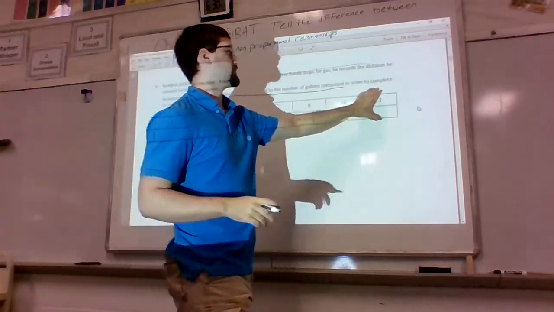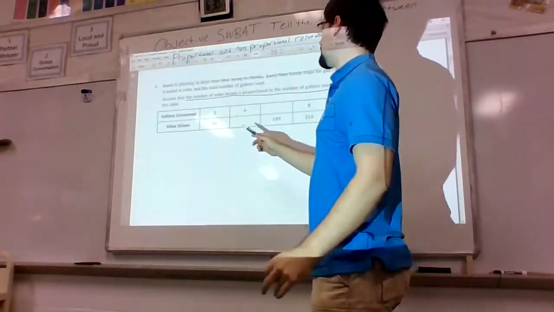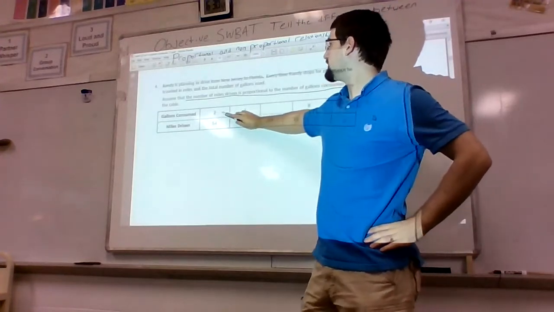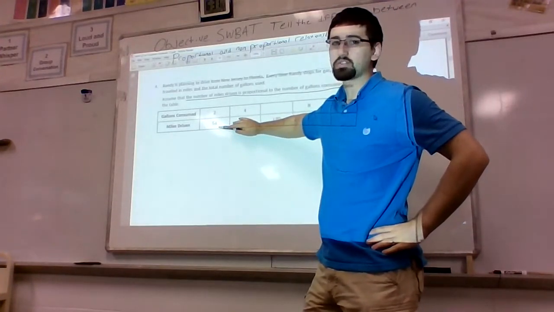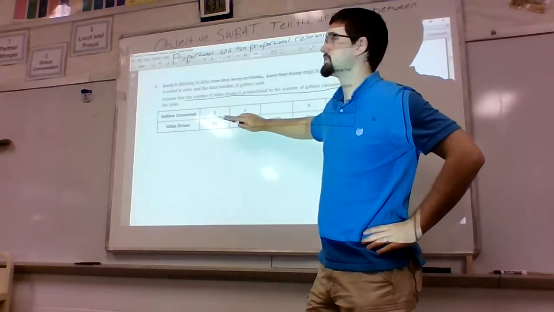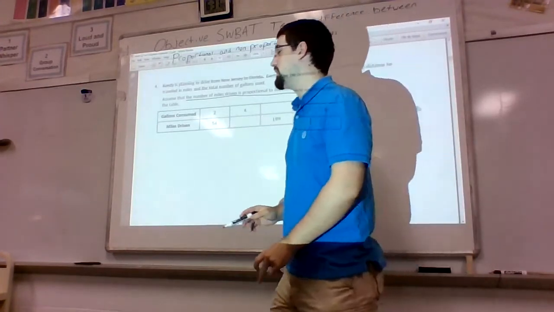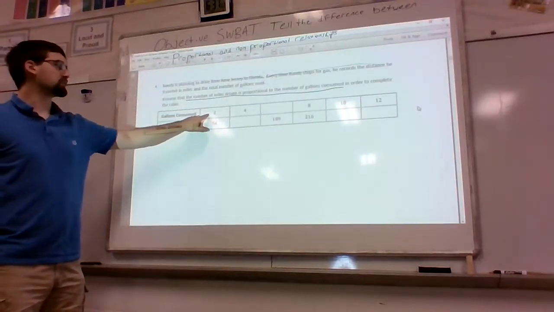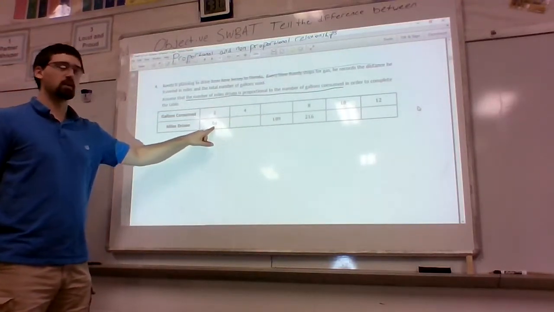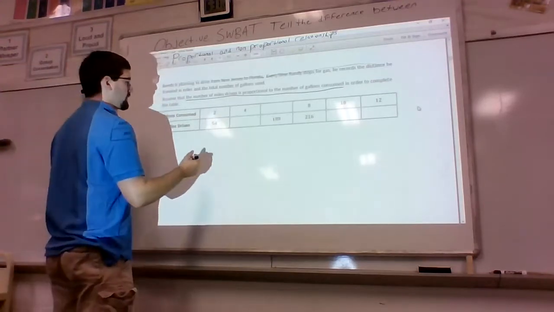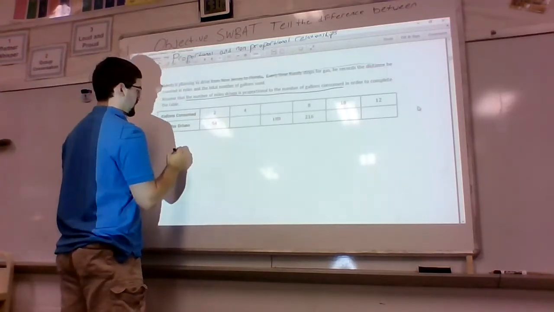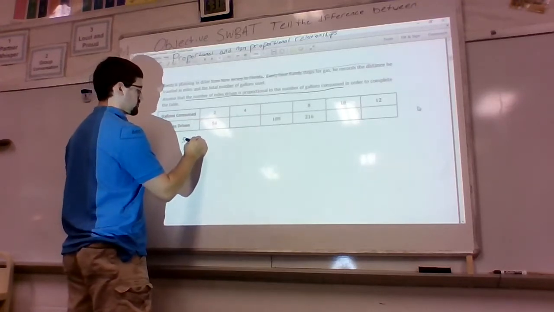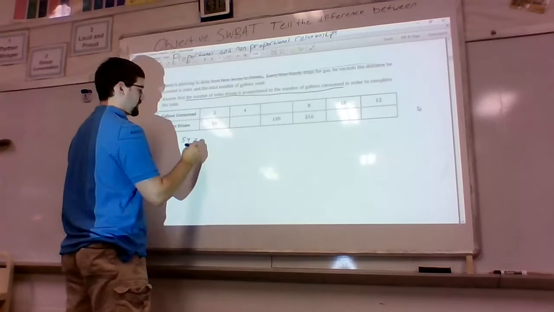So how can we fill in these numbers? Well, here, he used up 2 gallons to go 54 miles, and this is going to be a proportional relationship. So if I write that out as a ratio, 54 to 2, and divide it out, we can find our unit rate.